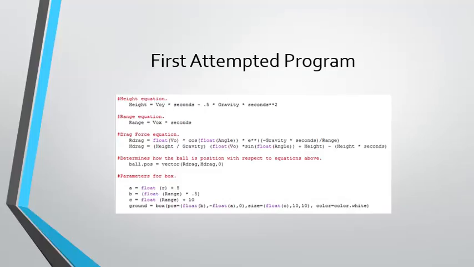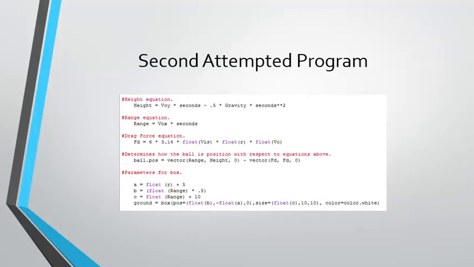Again, factoring in that air drag and then plugging it into that ball position, making the R drag and H drag the new X and Y coordinates. In our second attempt, we tried to calculate the drag force by itself and subtract the two vectors, as you can see in the ball position line.